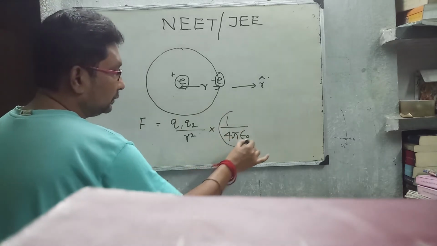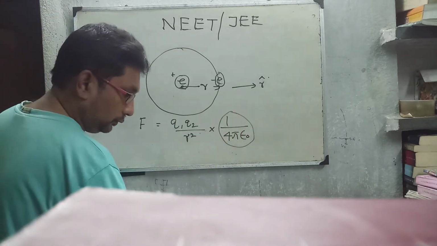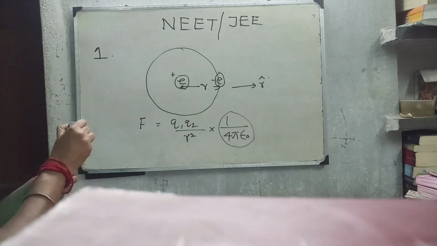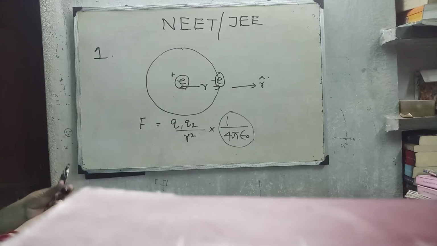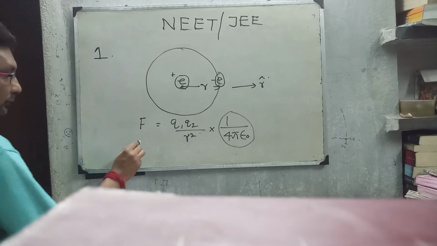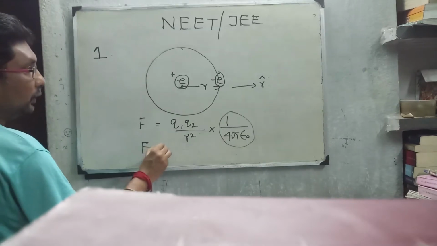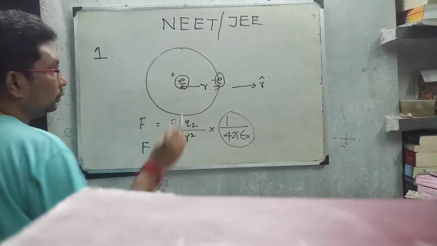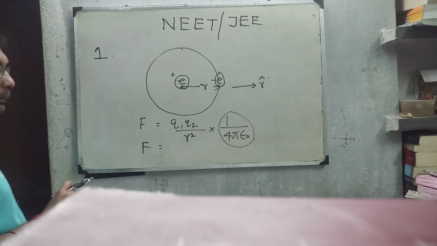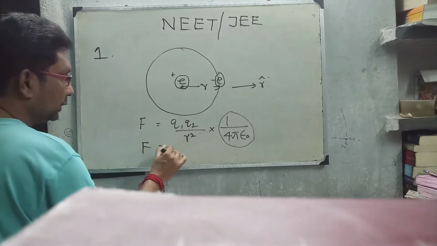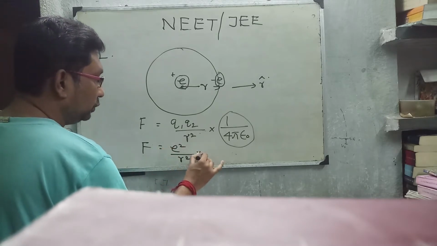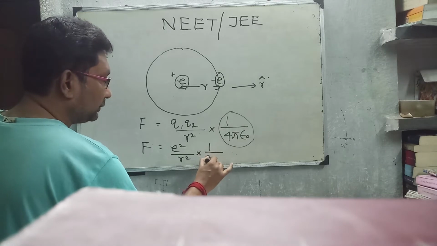that is a constant for vacuum or air medium. That is, F equals Q1 is plus e, Q2 is also e, because I am writing the magnitude of the force, that is e square by r square into 1 by 4 pi epsilon 0.